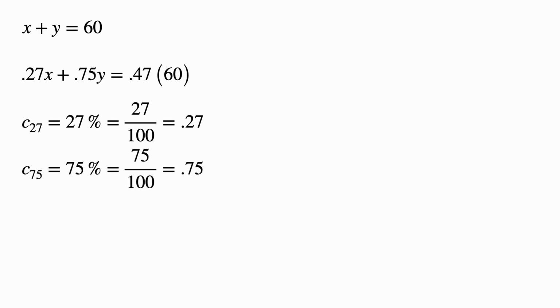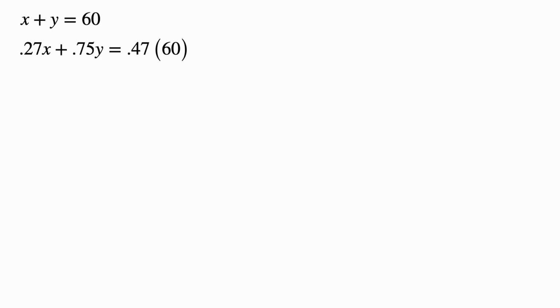And then we have 75% is 75 over 100, or 0.75. Finally, we have 47% is 47 over 100, or 0.47. Now we have our two equations set up for the system of equations.